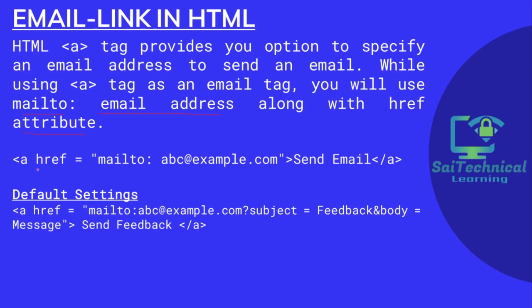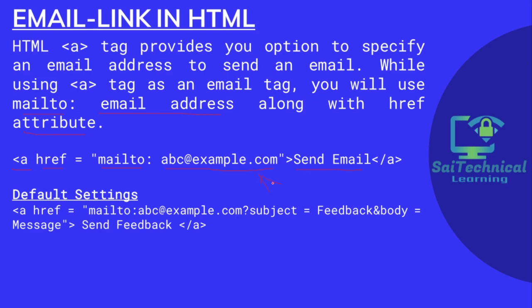So what we have done here, we have used the anchor tag, we have used href, but here we are using mailto and then the email address to which we need to send the mail. When the user clicks on this send mail, the email will be sent to that email address.